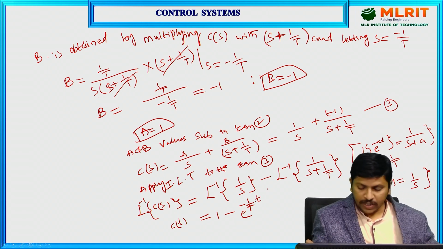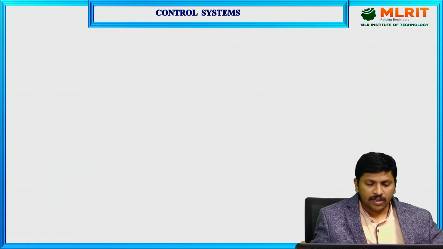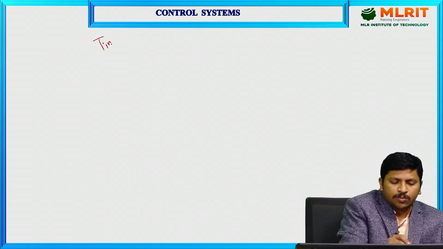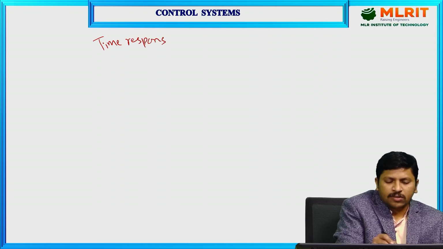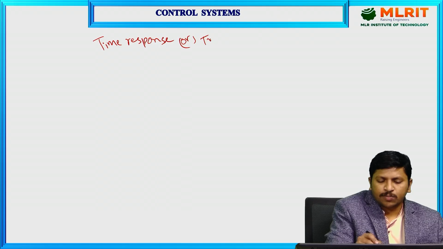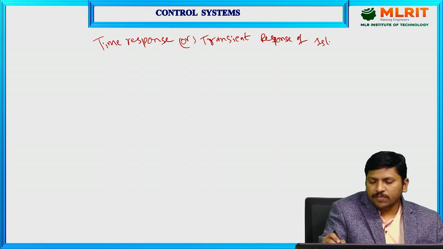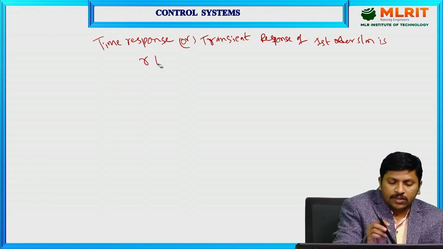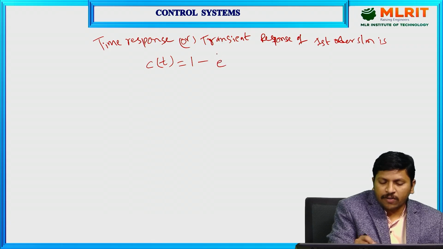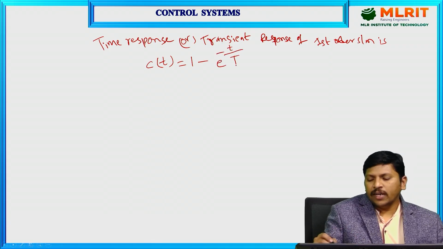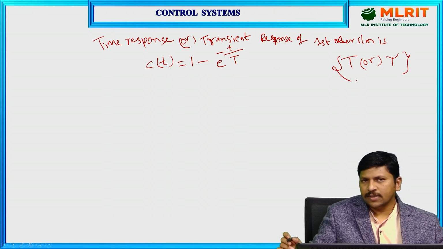So that is the output equation. I am going to write here the time response or transient response of a first order system: C of T equals 1 minus e power of minus T by capital T. Capital T or tau, anyone you can use, that is nothing but the time constant.